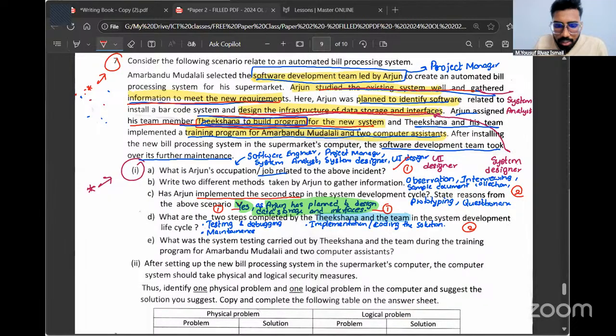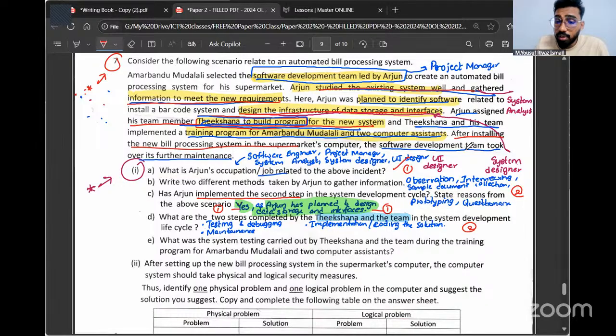I know deployment, is it correct? Deployment is actually wrong because they have not mentioned anything about releasing the application or publishing the application. Like after installing the new system, the software development team took over its further maintenance. They have not told that the software development team only did the installing.